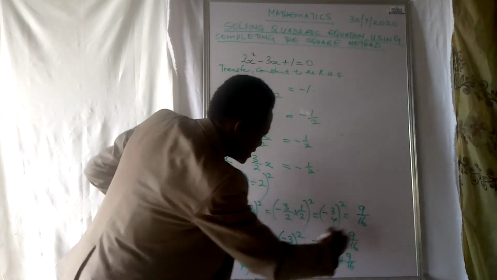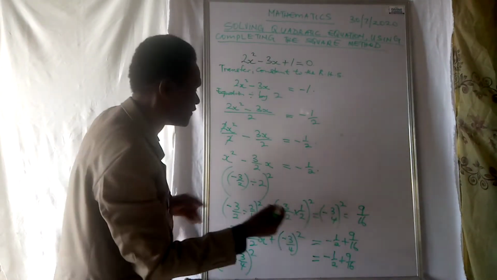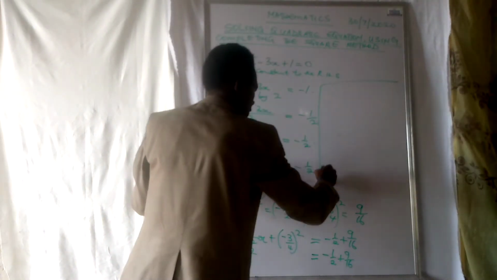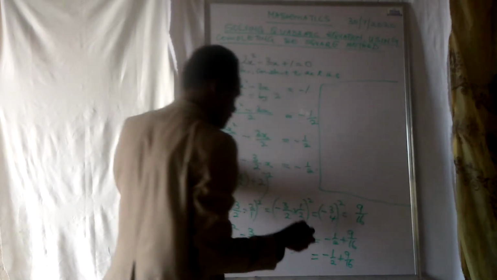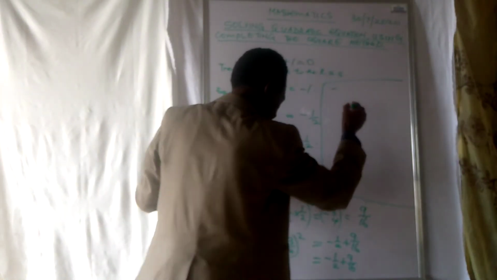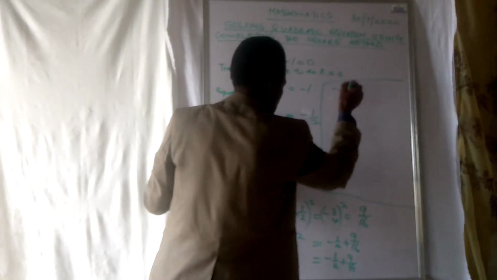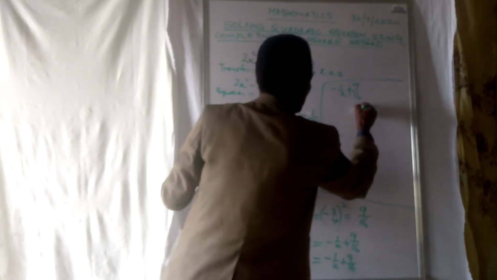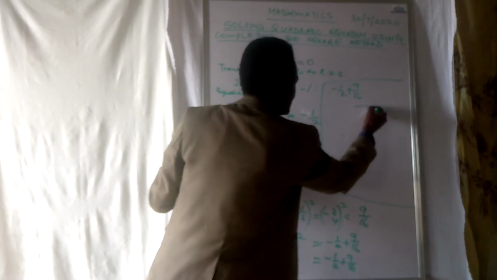The right hand side, let us expand it first. So we have minus 1 over 2 plus 9 over 16. Now the LCM of 2 and 16 is 16.